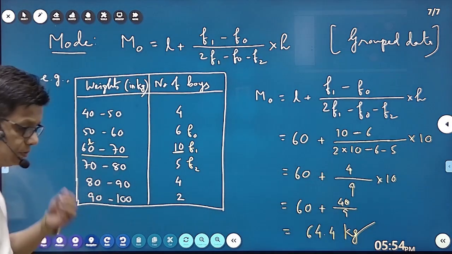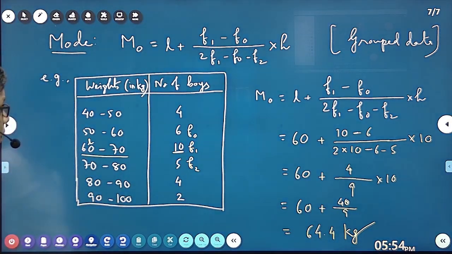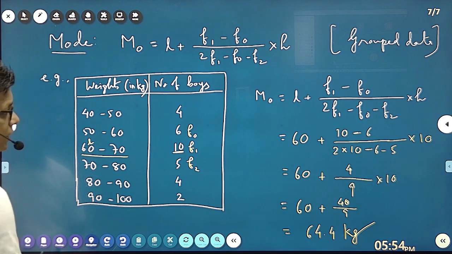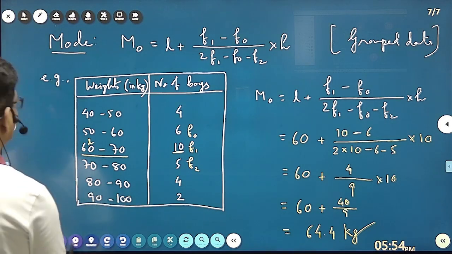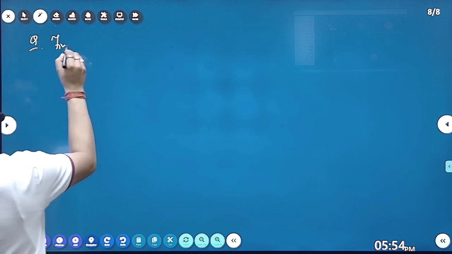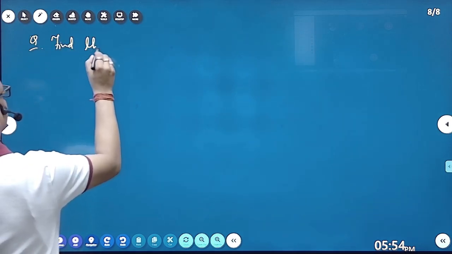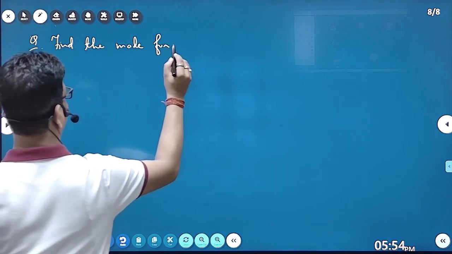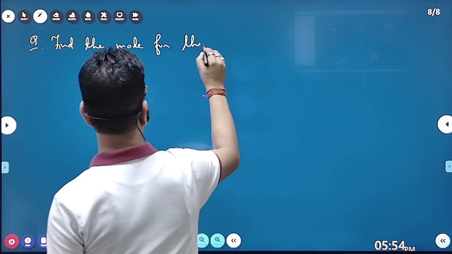I'm going to show you how to find a mode for ungrouped data. So there is no method and all. Directly we can go for the answer. All right? So next, find a mode. One question. Find the mode for the given data.